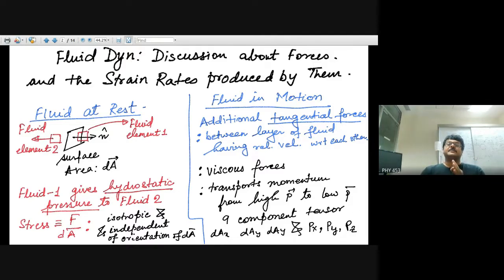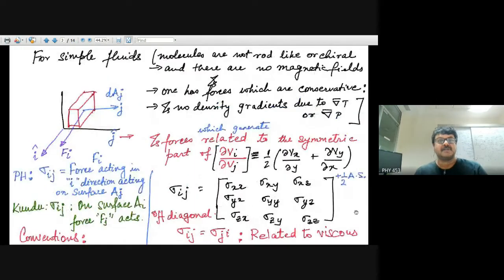So in general, the viscous forces will be a viscous tensor, a shear stress tensor, right? So now we will simplify things a bit.